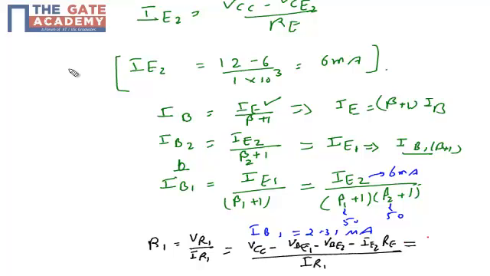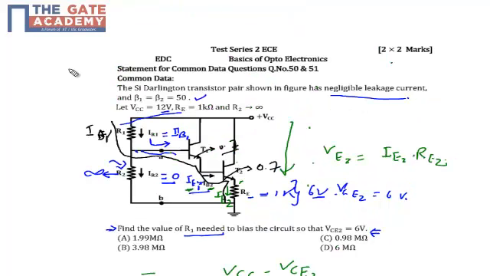If you put all these values, you can get the value of R1 as 1.99 mega ohms. You know the value of VCC, which is 12 volt, VBE constant 0.7, IE2 RE is 6 volt, and IR1 we have just calculated, because my IR1 is nothing but IB1, because my IR2 is 0. My IR2 is 0 because R2 is infinite. So that's why my IR1 is equal to IB1.